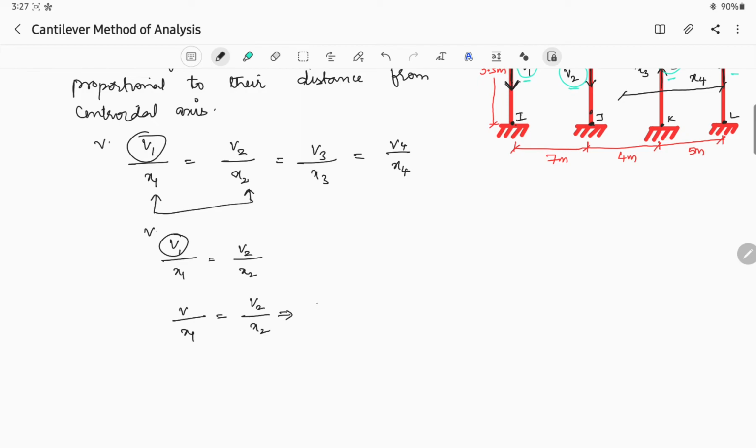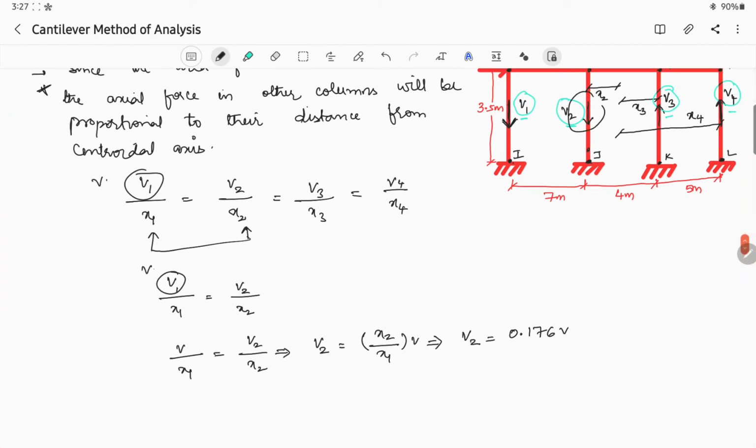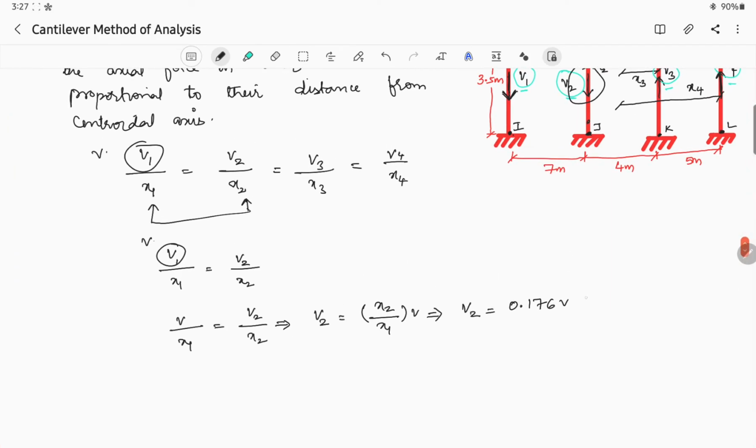That implies V2 is equal to x2 by x1 into V. If you simplify this, you will get the value of V2 as 0.176 V. V2 is going in which direction? You can see here it is going in downward direction, so let us show it in downward direction. So this is our V2.